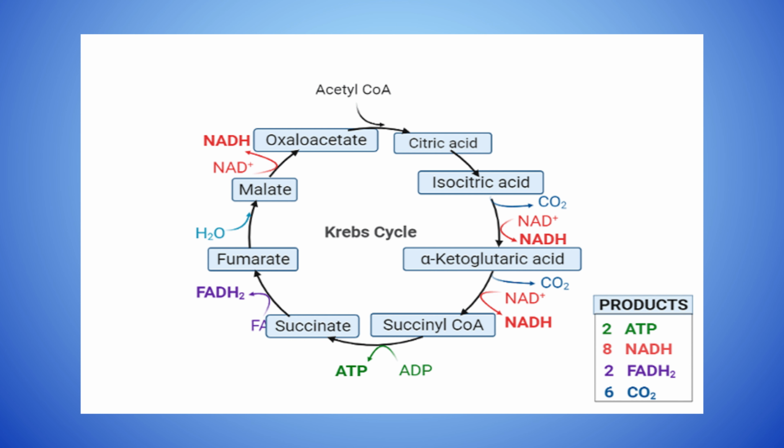So the acetyl-CoA then combines with oxaloacetate to produce citric acid. This citric acid then goes through a series of steps and reactions to ultimately produce a 4-carbon compound that then becomes acetyl-CoA again. The Krebs cycle produces 6 CO2, 2 ATP, 8 NADH, and 2 FADH2.